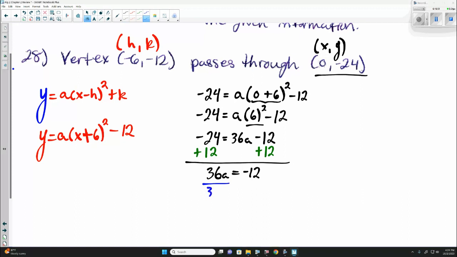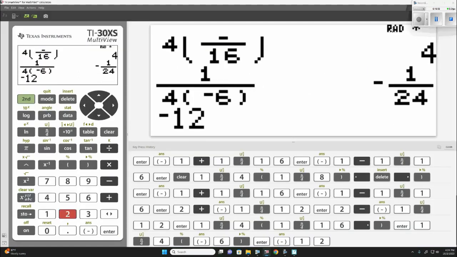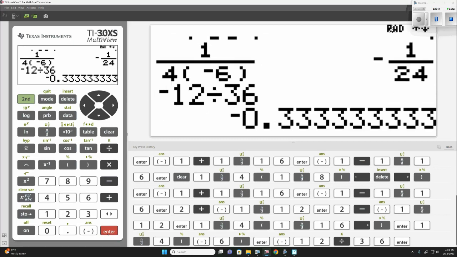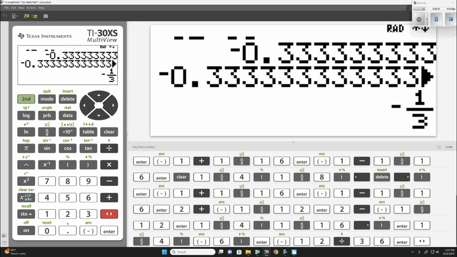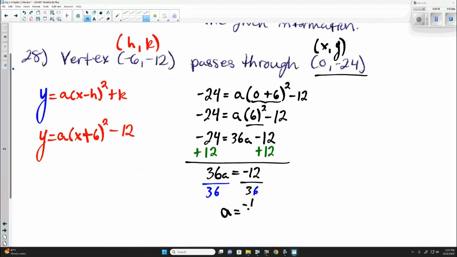And last but not least, we can divide both sides by 36, telling us a is -12 divided by 36, which is -1/3. And last but not least, we can plug that back in for a. So we get y equals -1/3 times x plus 6 squared minus 12.